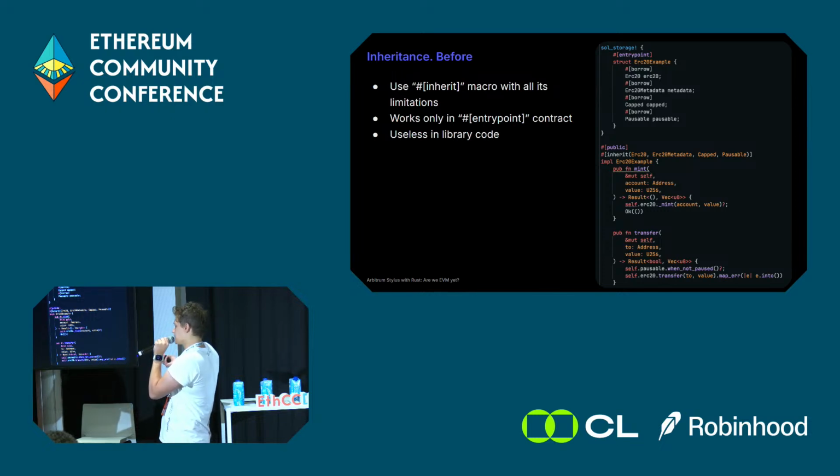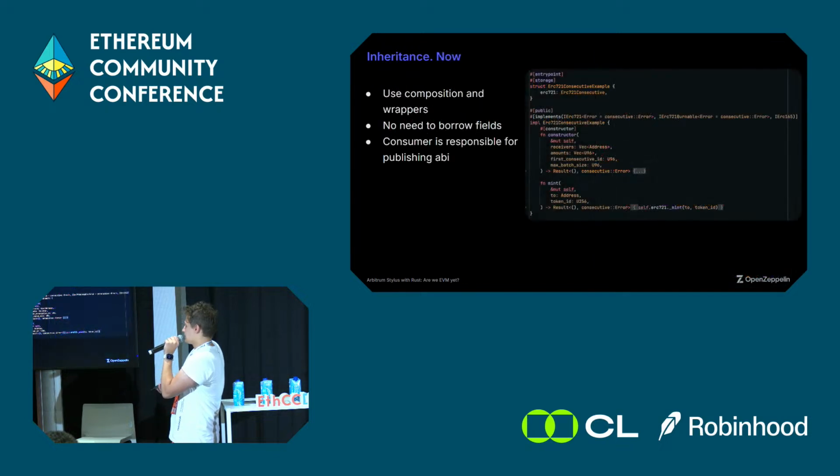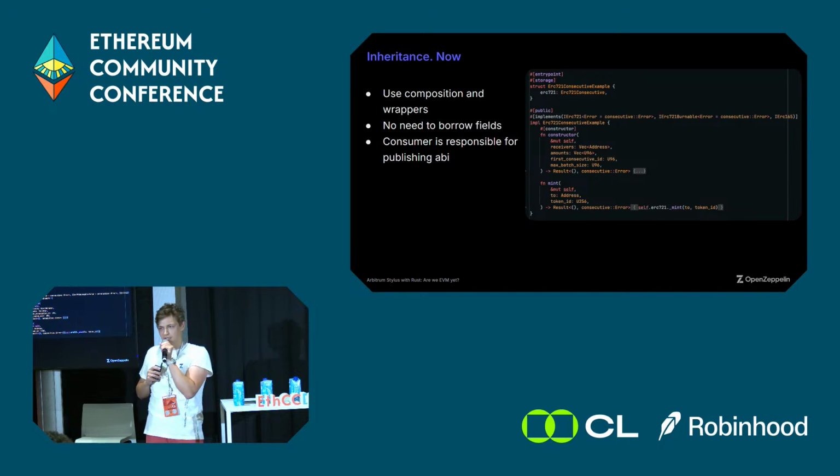That was a totally wrong approach, and that is how it was before. The only solution was to use the inherit keyword on the client side, so only developers would use it. It was useless on the library side because the third level was not supported. And here is how it is implemented now: they added the implement keyword.